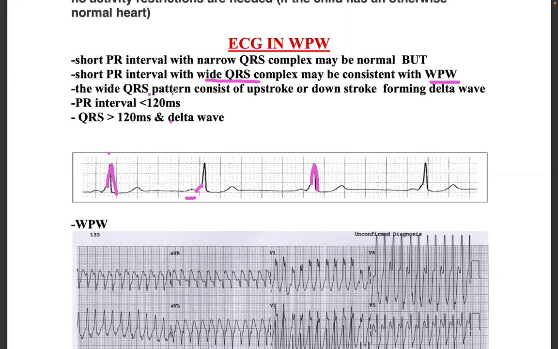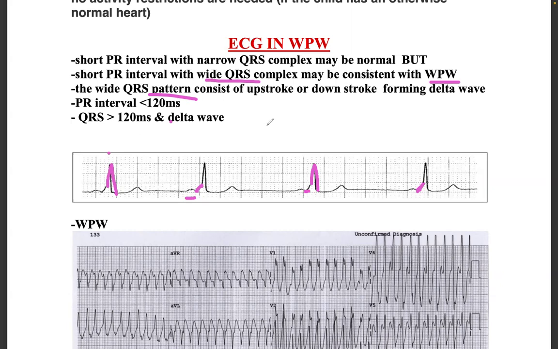Why is the QRS wide? A wide QRS pattern consists of an upstroke or downstroke forming a delta wave. We call this upstroke the delta wave. And this PR interval will be short, less than 120 milliseconds.